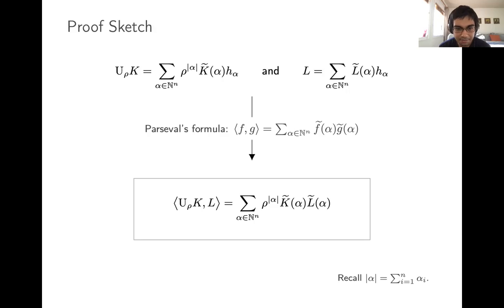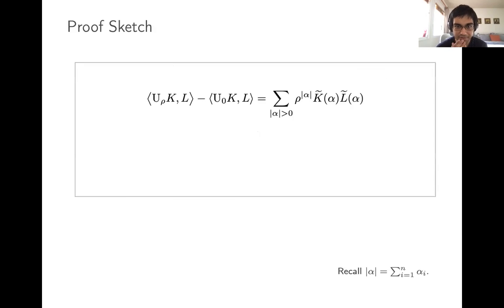And so let's subtract the inner product at noise rate 0 to obtain this expression, which is the sum of the products of the Hermite coefficients scaled by rho to the degree of the Hermite coefficients, where the sum is taken over Hermite coefficients of degree strictly greater than 0. And just to reparameterize this expression, we can write it in terms of a power series as follows. This is a power series in rho whose coefficients, the a_i's, are given by the expression on the slide.